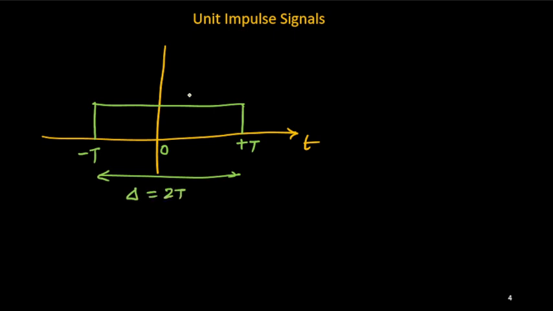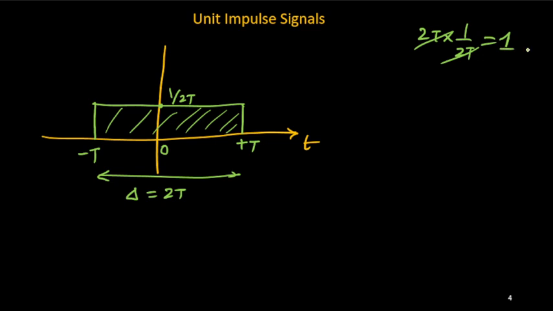Now to make the area under this graph equal to 1, we adjust the height. Can I make this height 1 upon 2T? Because the width is 2T and the height is 1 upon 2T, this will cancel and the area will become 1. So to make it 1, we consider the height as 1 upon 2T.